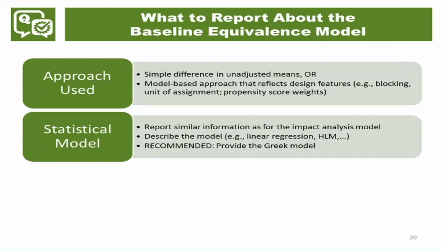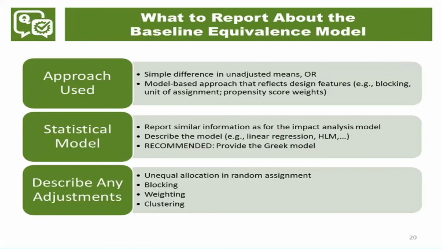If the model-based approach is used, then you'll need to report the same information about the baseline model as the information reported about the impact analysis model, including providing the equation. You'll need to describe any adjustments included in the model, adjustments for unequal allocation in random assignment, adjustments for blocking, for weighting, and or adjustments for clustering.